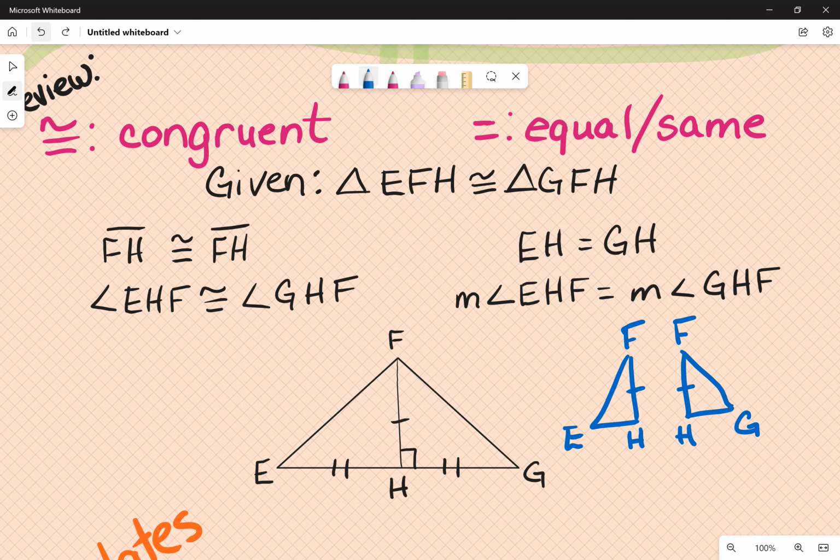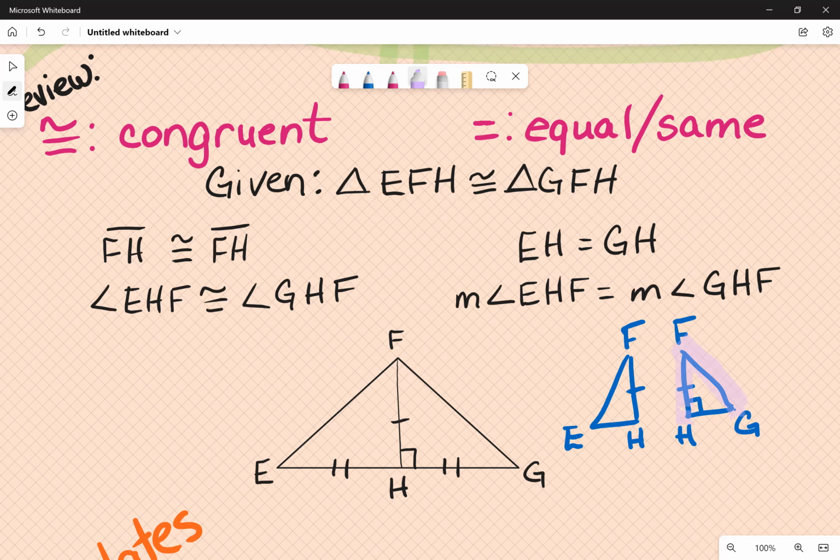I also can see that if angle H, and I have to be careful when I say angle H because I do have two triangles, so I'm going to have to use three letters here so that it's not confusing which angle H. So if I'm looking at triangle GFH, I want to follow the directions as it's showing me, GFH.